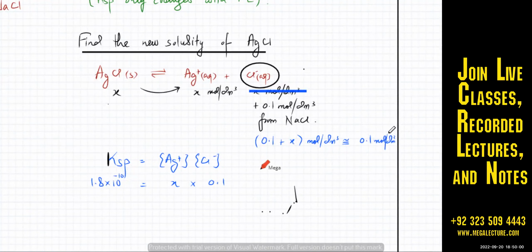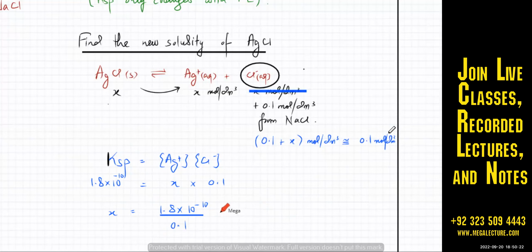और उसको use करते हुए ना, you will be able to figure out your X. So if you use that, you'll be able to figure out what X is. X will be 1.8 times 10 power minus 10 divided by 0.1. So क्या value आएगी?